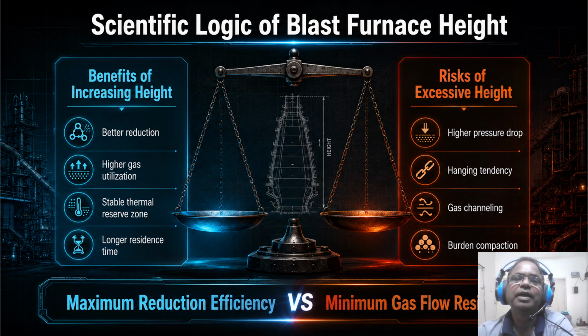On one side maximum reduction efficiency, on the other side minimum gas flow resistance. The best furnace height is the point where these two competing factors are optimally balanced, and this scientific balancing principle becomes even more important when blast furnace capacity increases, which is what we will discuss next.